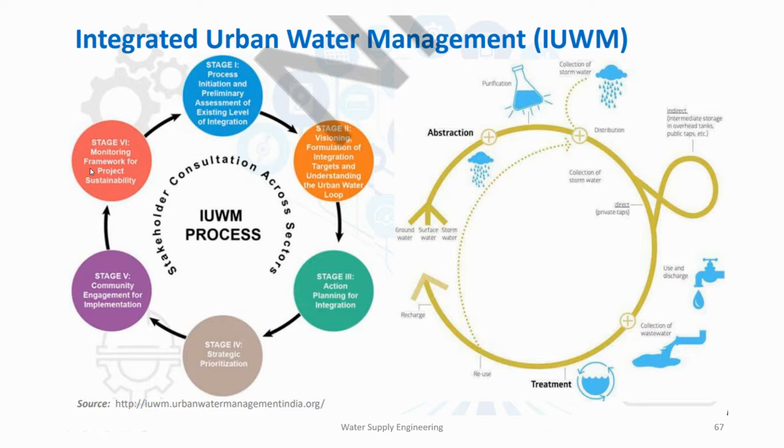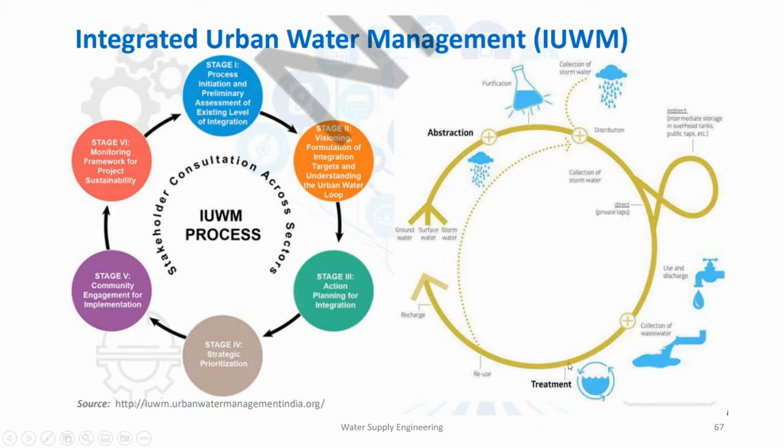So overall this is what is happening within an urban water cycle. From source, we are taking it up. After treatment, we are distributing. And then in between, we have collection of storm water as well. And then once we distribute it, we need to collect the wastewater that is generated at the consumer end.